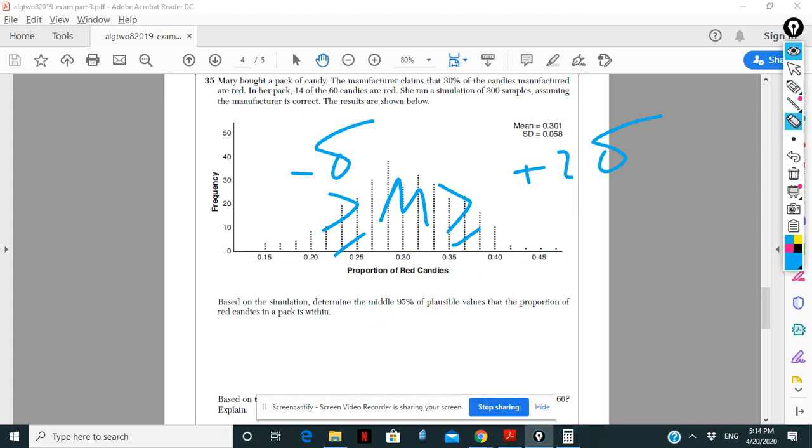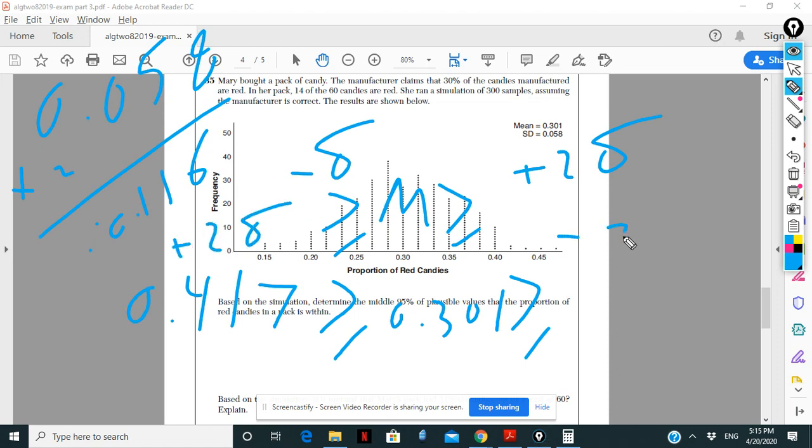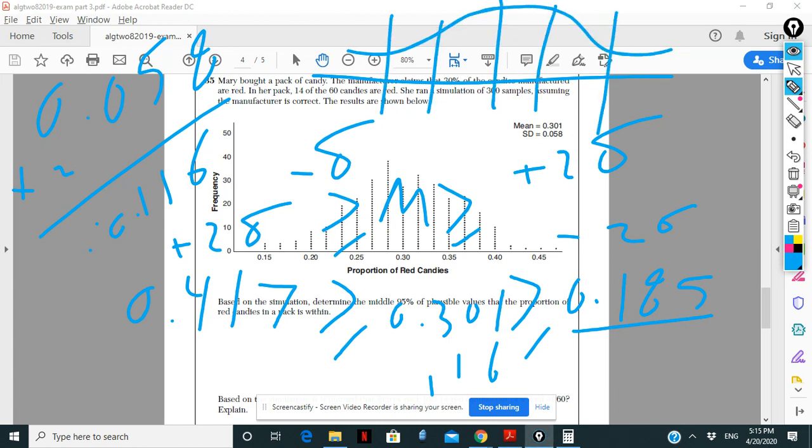Okay, the standard deviation is 0.058 multiplying by 2, and the range is going to be plus 2 standard deviations, minus 2 standard deviations. So this is going to be 0.185, and that's going to be 0.417. So that's covering the 95%.